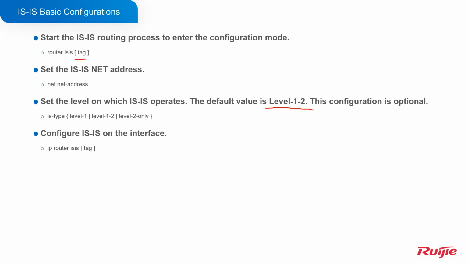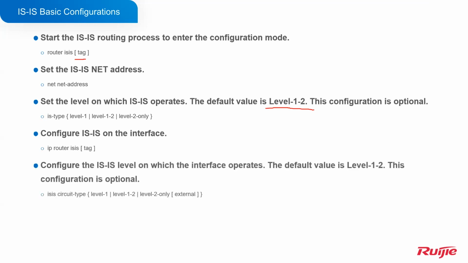Then this interface can be added into the LSP, and the routing information can be sent to your adjacency. And the next step, you also can change your interface type, maybe to become level 1, or maybe level 2, or maybe level 1 and 2.